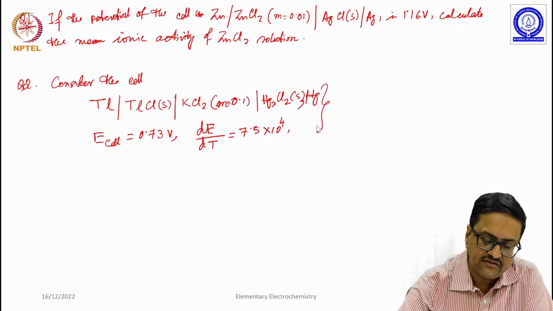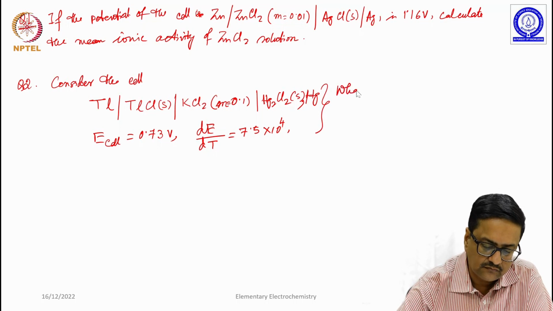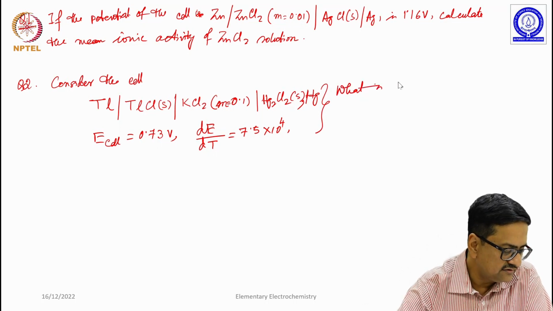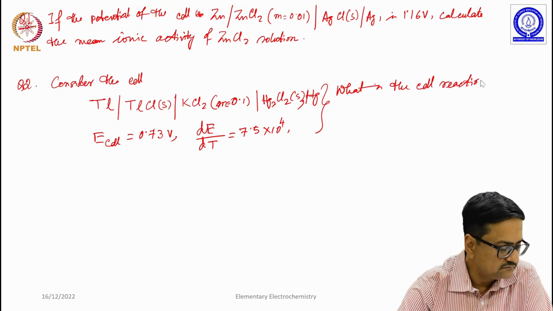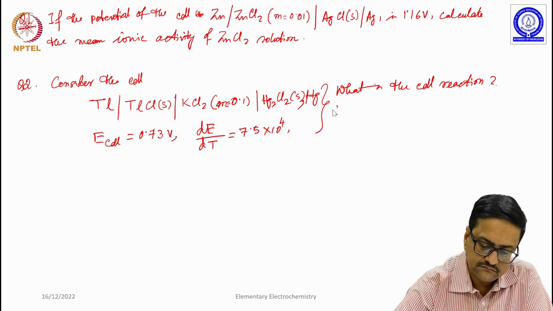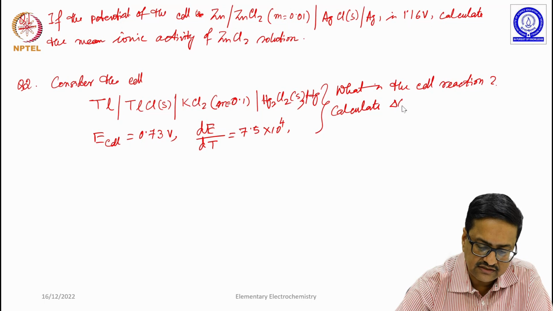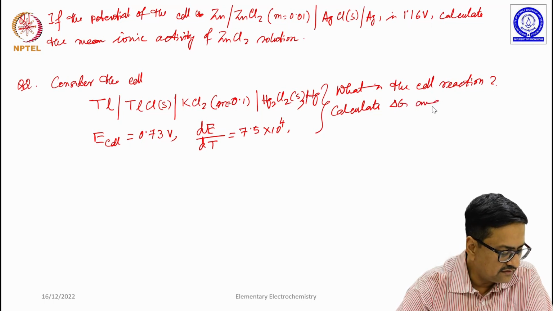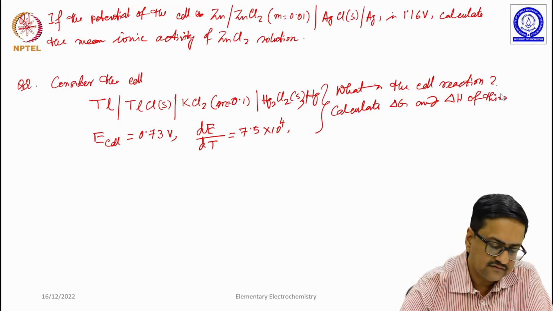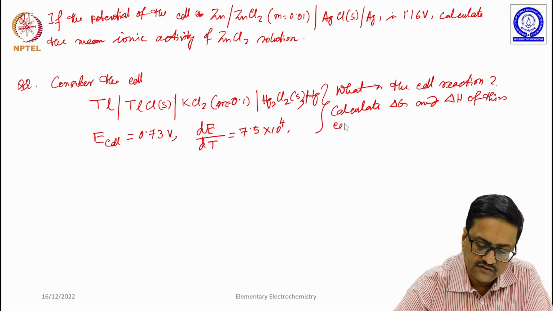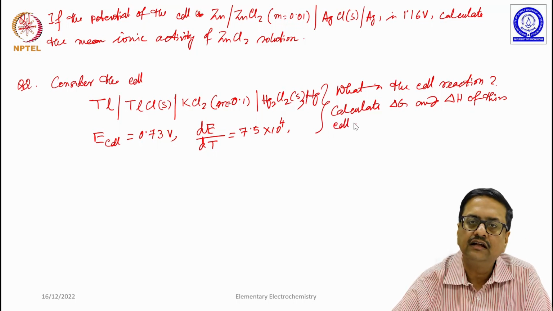So the question is, what is the cell reaction, calculate delta G and delta H of this cell, right?